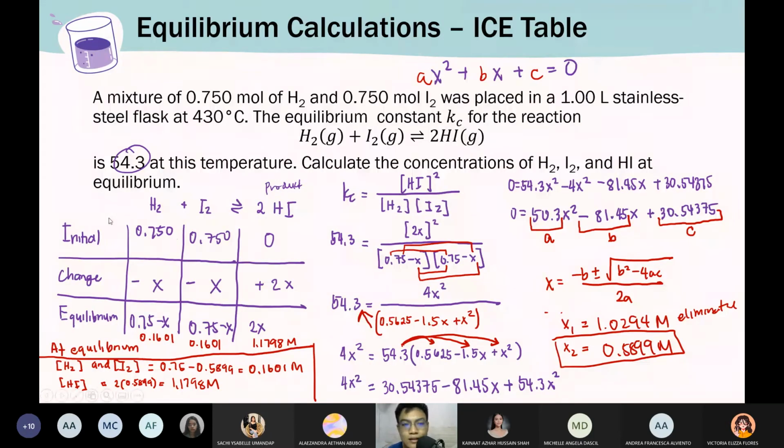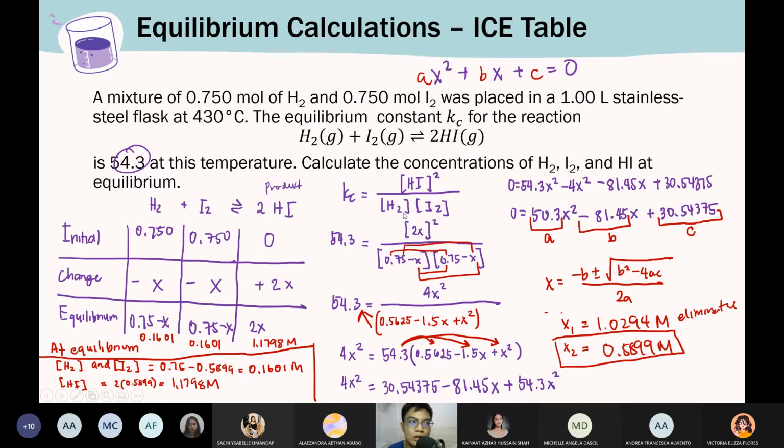No? You create an ice table, you set values, kapag hindi sinabi, 0. And then for the change, basically kung nasan yung 0 na amounts, dun pupunta yung reaction. If you have coefficients, you have to account for it. Okay? And then for the equilibrium, you just add them up. Once you have the equilibrium, you plug it into your K expression.